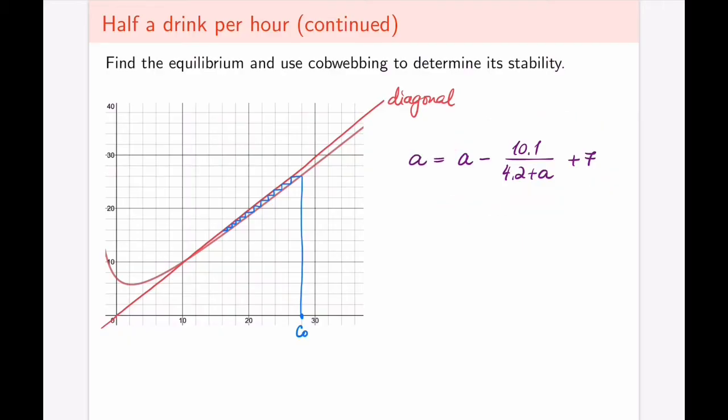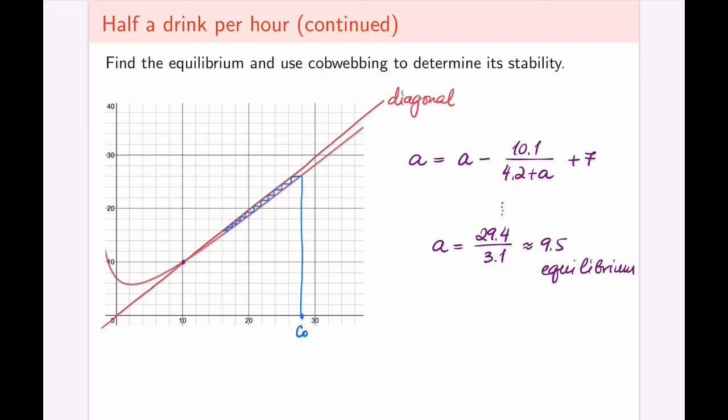So both sides get labeled A, or if you wish, A sub t all over the place. If we solve this equation, we're going to find out that A is equal to 29.4 over 3.1, or approximately 9.5. So this is now my equilibrium.